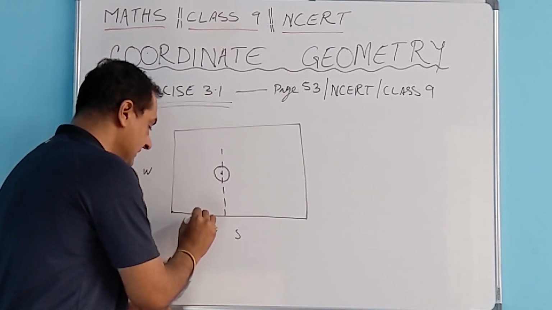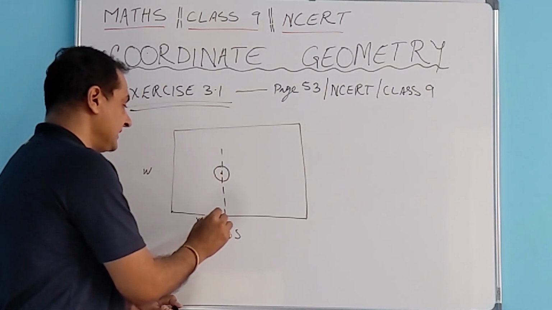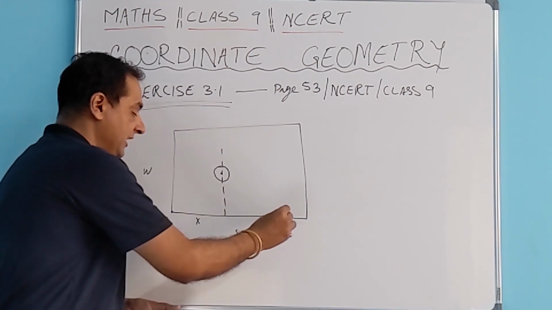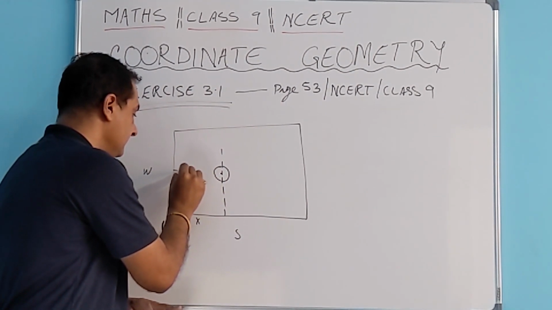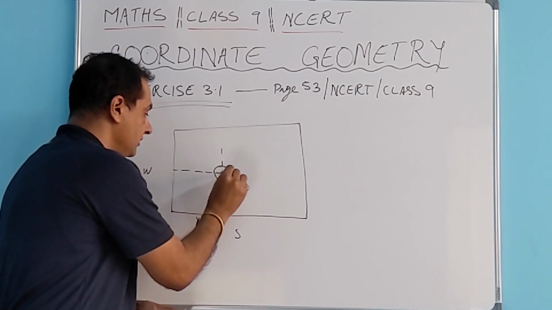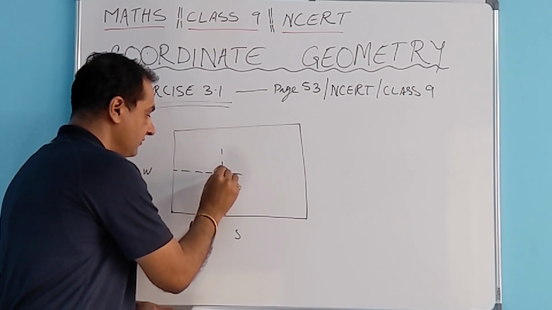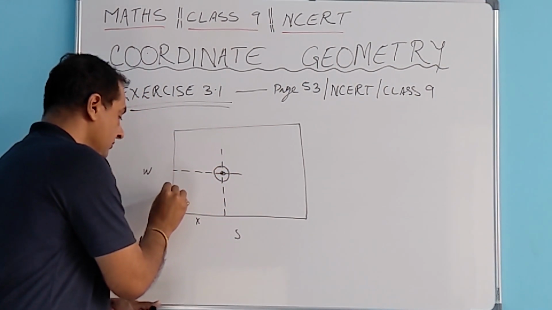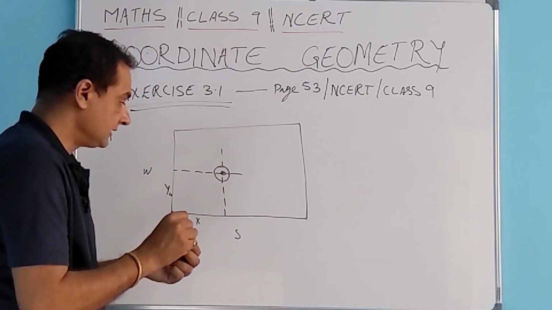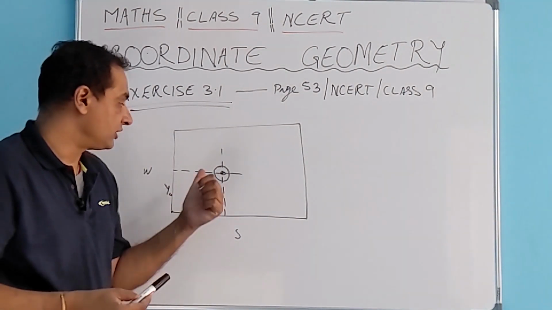So let's say this is x centimeter, and in the same way you are going to draw a line which is parallel to the south edge of the table, and that should be passing through the center of the table lamp, and let's consider this will be y centimeter. So how can you communicate the location of your table lamp?